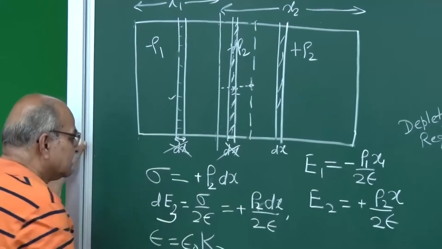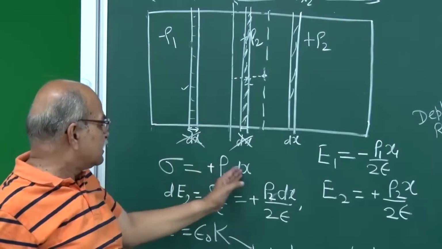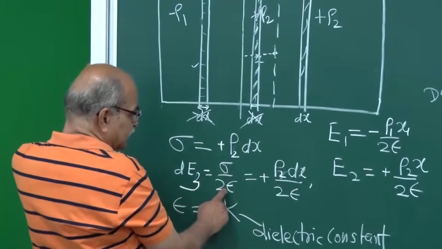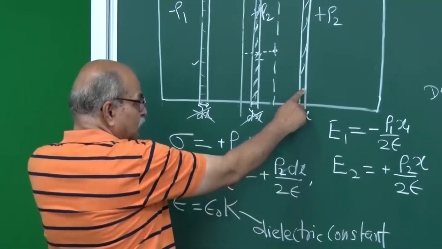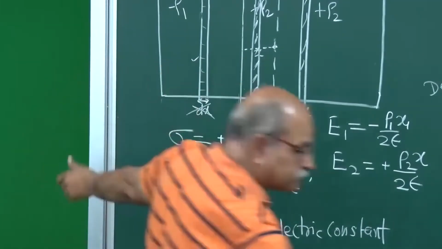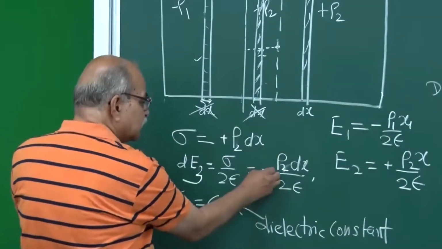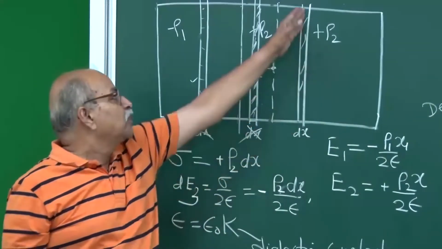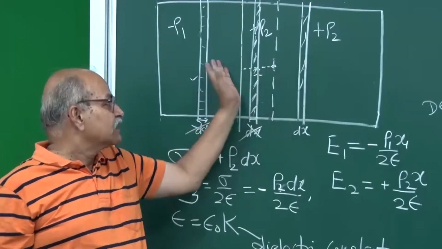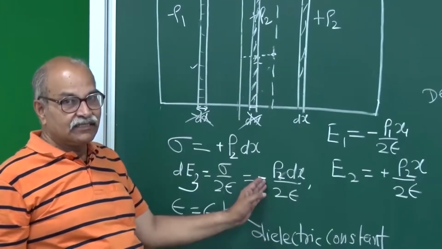The sigma remains the same, rho 2 dx, so dE3 is rho 2 dx over 2 epsilon, but now it will be in the negative direction. Because you have positive charges here and you want the electric field here, the electric field will be towards the left, so we put a minus sign here. That will be dE3.